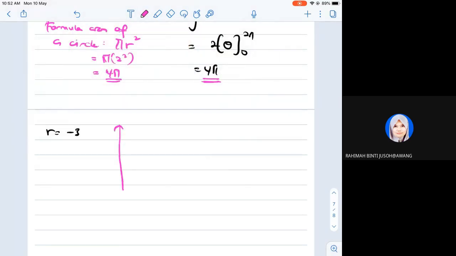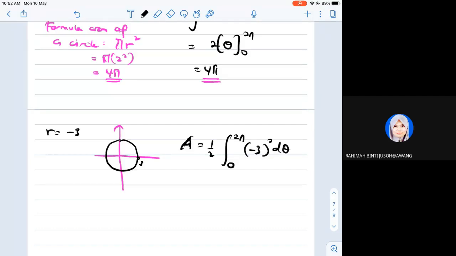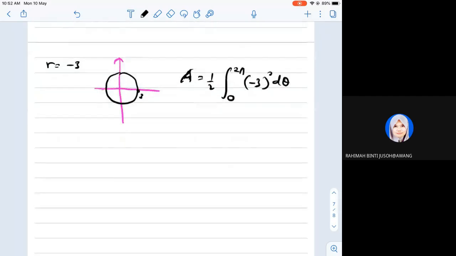So you don't have to worry guys, just proceed je. And then nanti jawapan you pun akan jadi positif juga. Sebabnya kalau you calculate area, dia kan ada kuasa 2. 1/2 darab 0 sampai 2 pi. Negatif 3 kuasa 2 d theta. So samalah. You can proceed je lah.